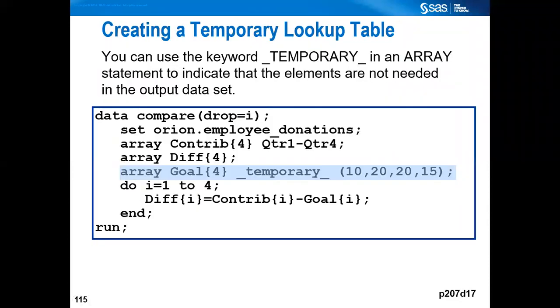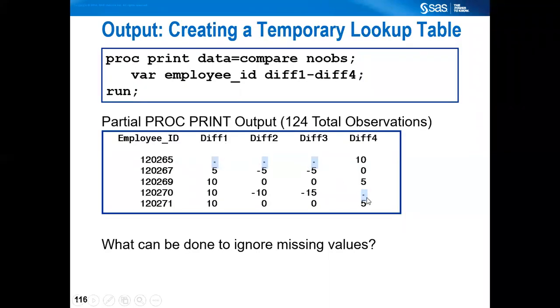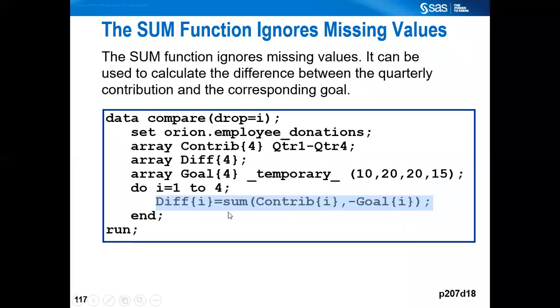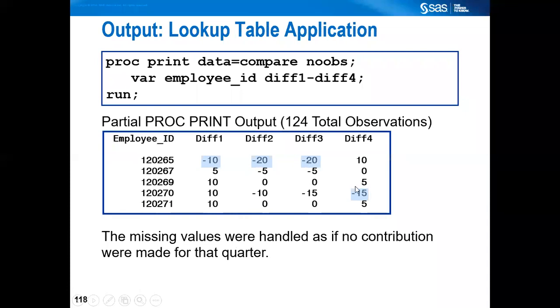Correct. So earlier, see, it was giving missing here. But now because we included a sum function on these arguments, it's performing the difference, but it will ignore the missing value because of the sum function. It is not doing summation. It is doing difference because of this minus sign, but it is ignoring the missing value. Hence, you are getting this.